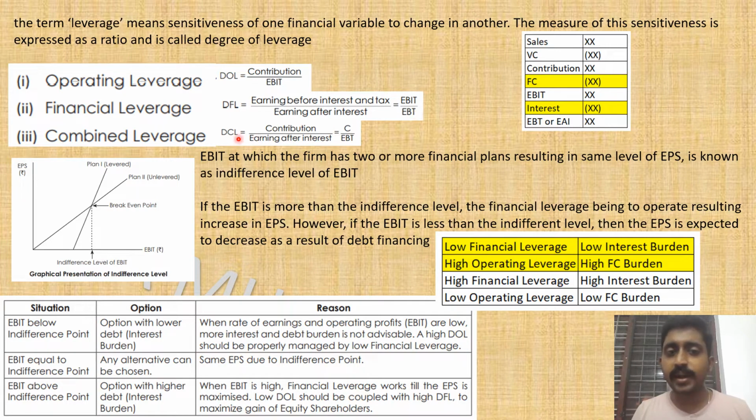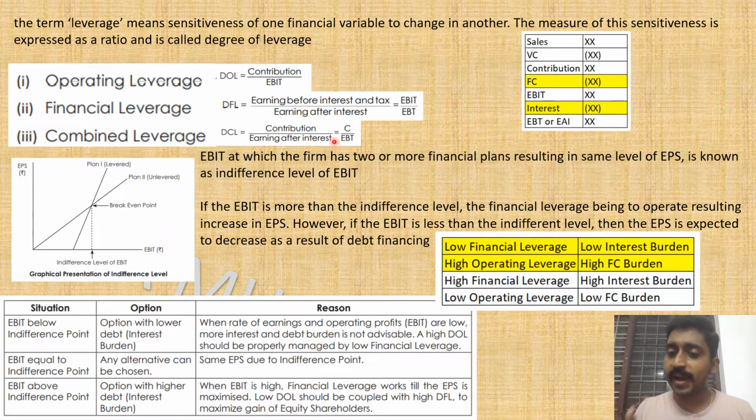So what is combined leverage? Combined leverage is contribution divided by earning before taxes. This can be obtained by multiplying the degree of operating leverage and the degree of financial leverage. DOL multiplied by DFL is contribution divided by EBIT multiplied by EBIT divided by EBT. The EBITs cancel each other, and contribution divided by EBT remains, which is the degree of combined leverage.